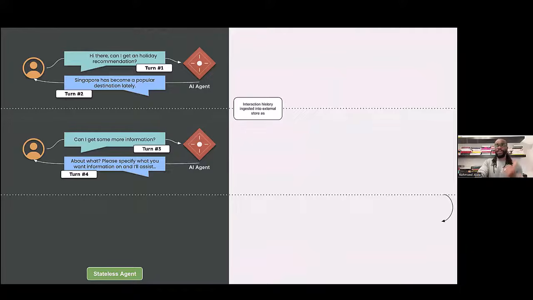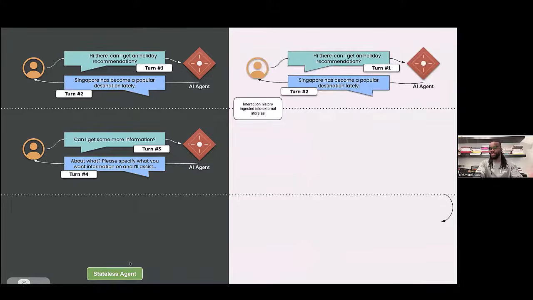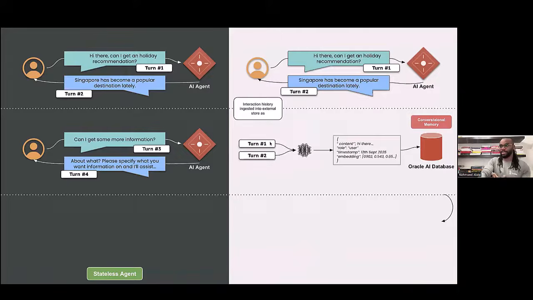Then in turn three, you will ask, can I get some information? And the agent says, about what? What do you want from me? And that's because the agent is stateless. It can't remember. But then you could have the same scenario where you have the same question asked, and the agent responds that Singapore has become popular.